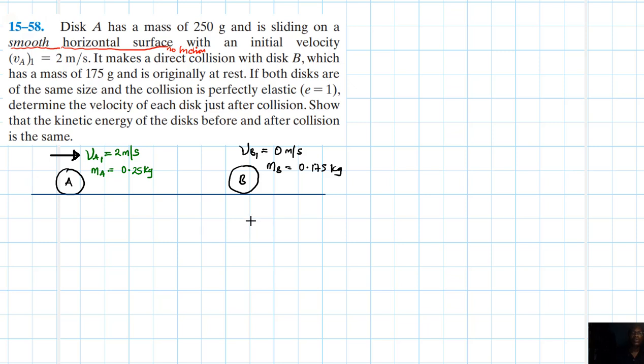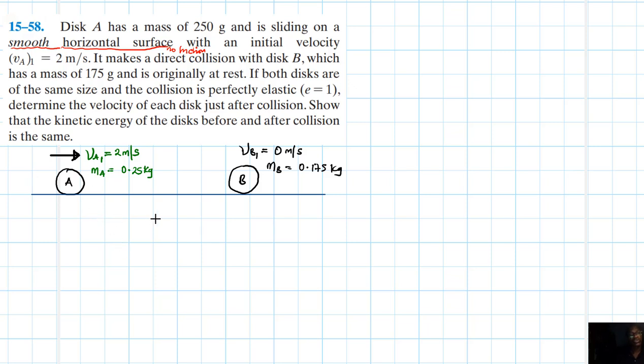So what is the question? The question is to determine the velocity of each disk after collision. Because we are going to consider this as a system of particles, we expect momentum itself to be conserved.